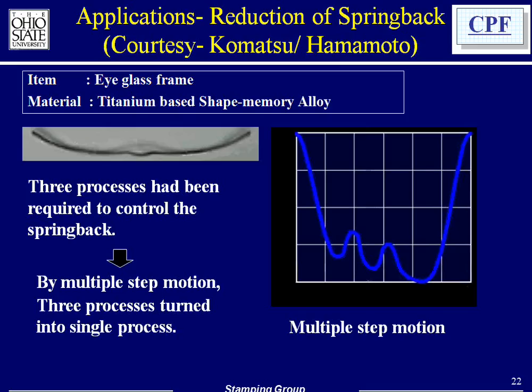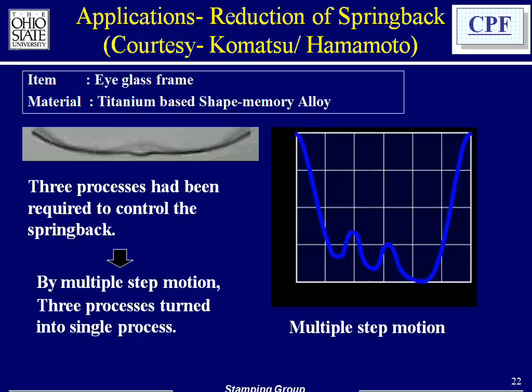Slide 22 shows another example. This was a special alloy, specific applications, so-called shape memory alloy. I think they were making some eyeglass frames with this, and through multiple motion, you see the slide motion on the right, they were able to reduce considerably spring back.